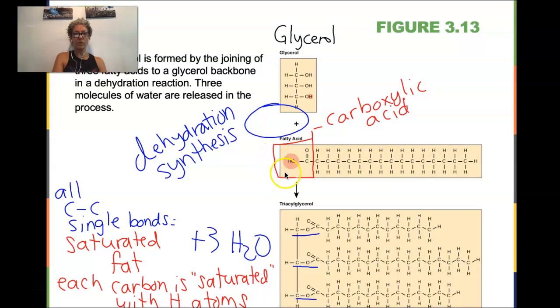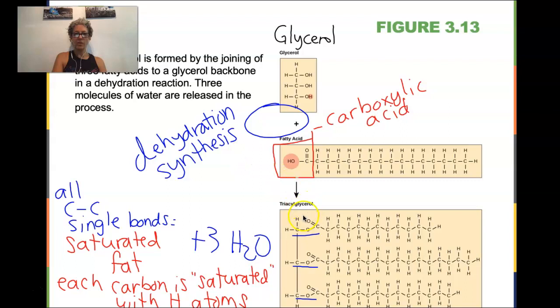One hydroxyl as part of the carboxylic acid end on the fatty acid, and our glycerol is actually a carbohydrate, and it has 3 hydroxyls. So what the H that's on the glycerol and the OH that's on the fatty acid, that is where we're going to get our dehydration synthesis.